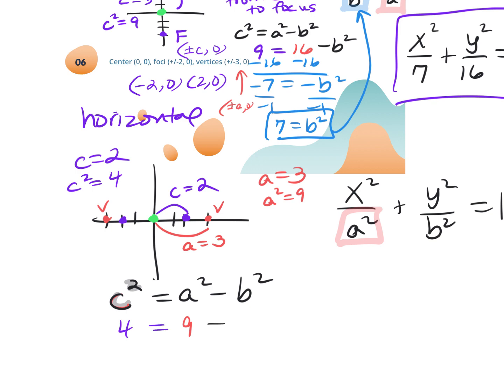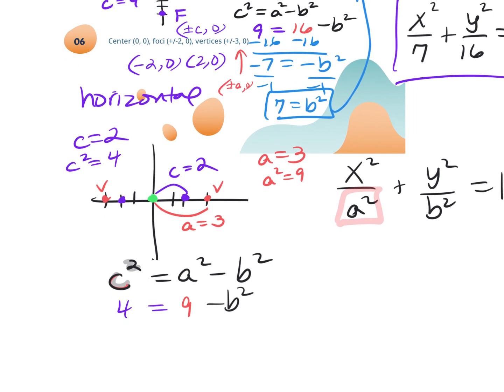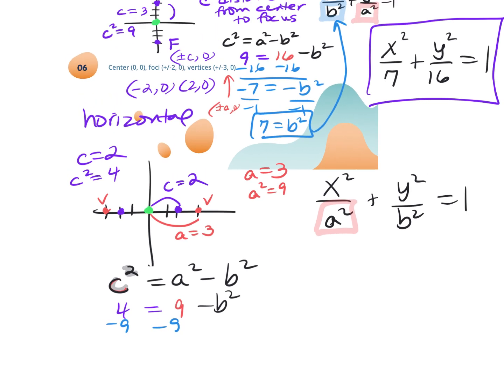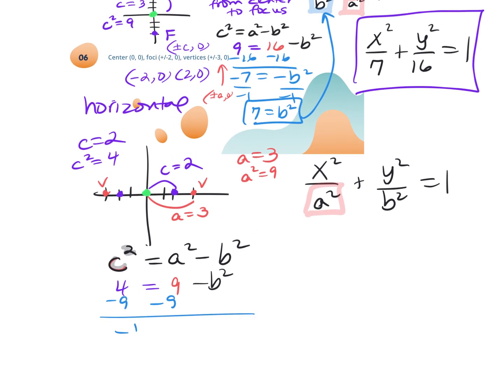And then subtract the 9. Negative 5 equals negative b squared. Divide by negative 1, and b squared equals 5. I don't need to square root it because, remember, what you're filling in is b squared.